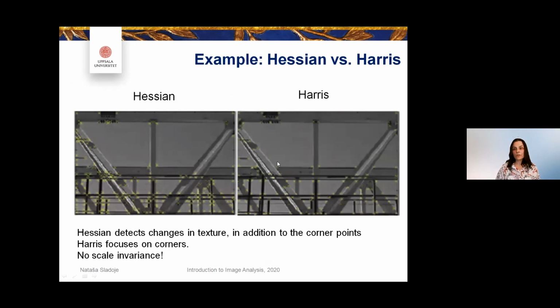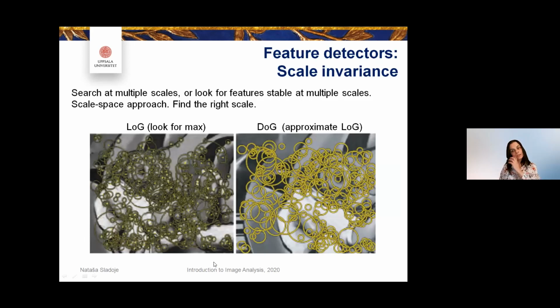None of these is invariant to change of scale. So if you want to have a detector that can detect feature points even if there is some change in scale present in our image, we need to look at the scale space. We need to look at our images at different scales.